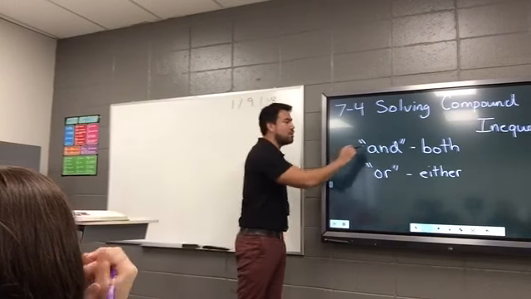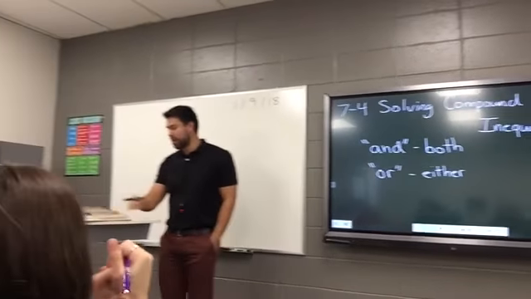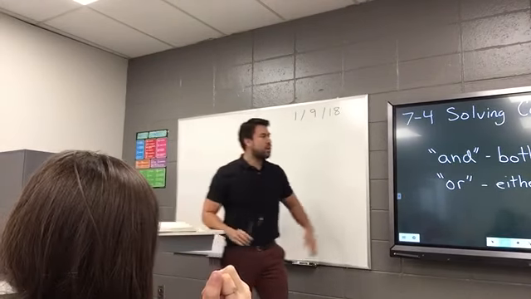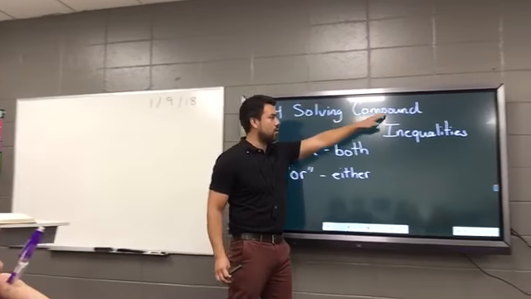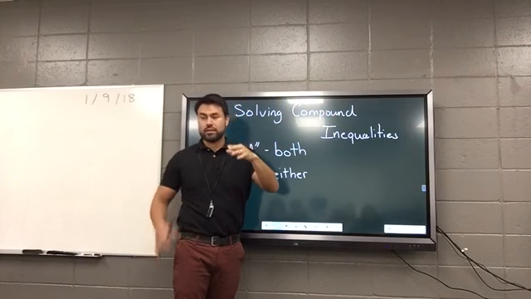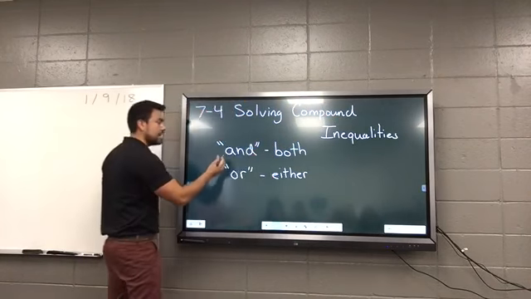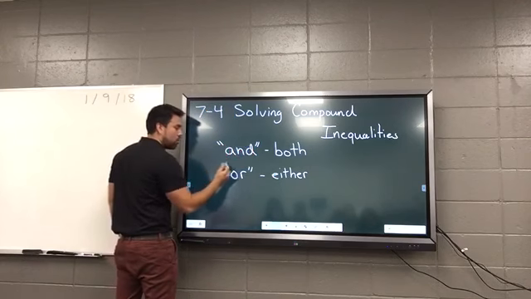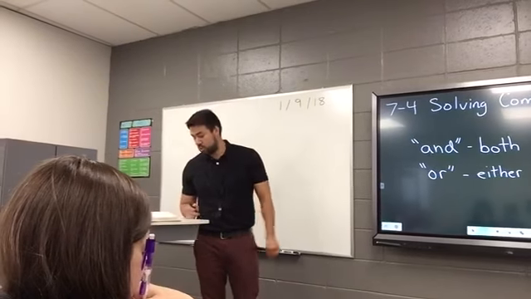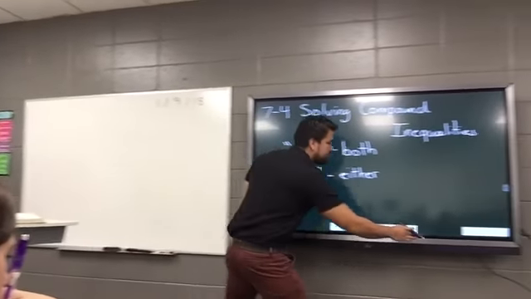All right. We're starting with and, and we're going to look at page 406. The reason we call this lesson solving compound inequalities is because we're going to deal with two inequalities in one problem, linked up by the word and or the word or. Example number 2 on page 406 is the first one we're going to start with.